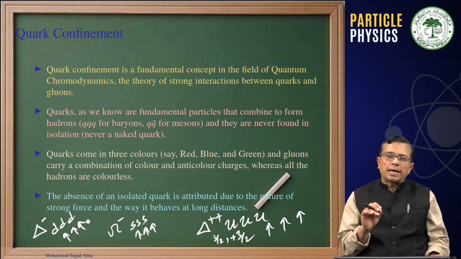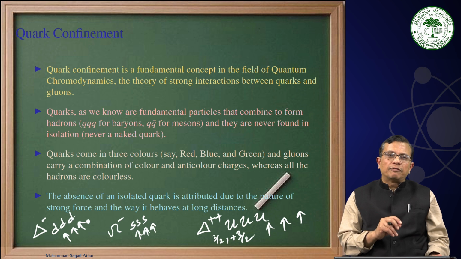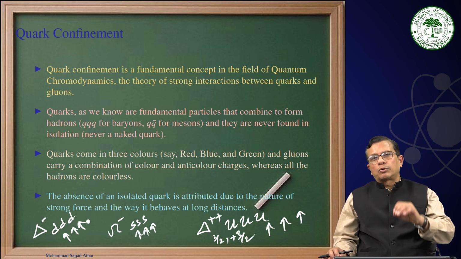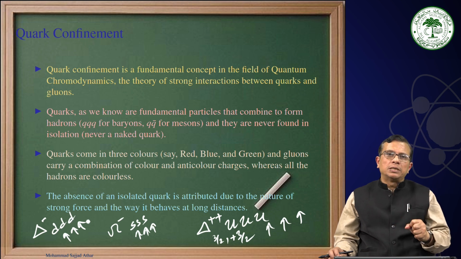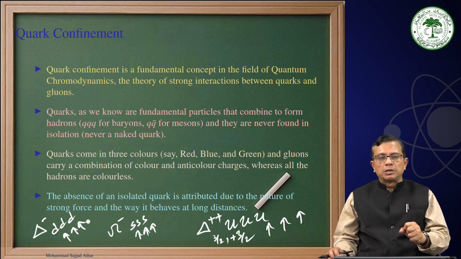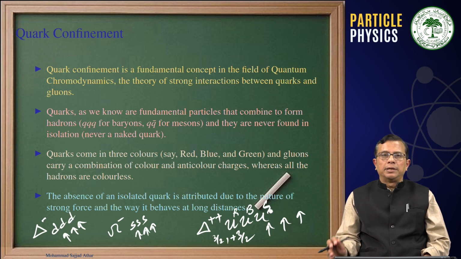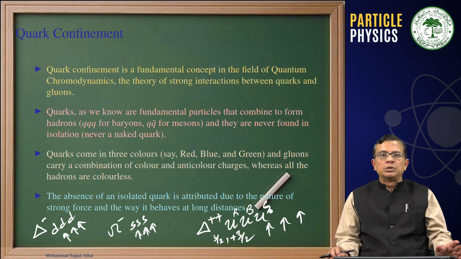Now, the important catch is that Pauli's exclusion principle tells us that no 2 identical fermions can have all the quantum numbers the same. While here we find that in the ground state the quantum numbers are the same. Therefore, to obey Pauli's exclusion principle, it was introduced that actually this is UR, UB and UG, and UR is different from UB and that is different from UG, and these are internal quantum numbers.